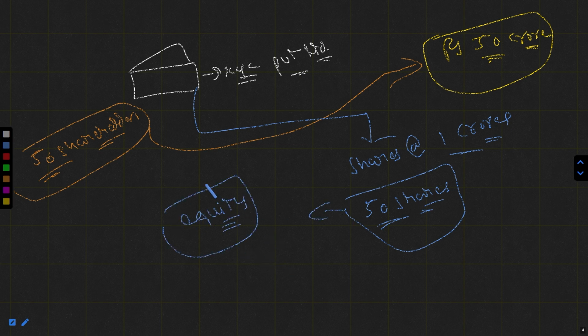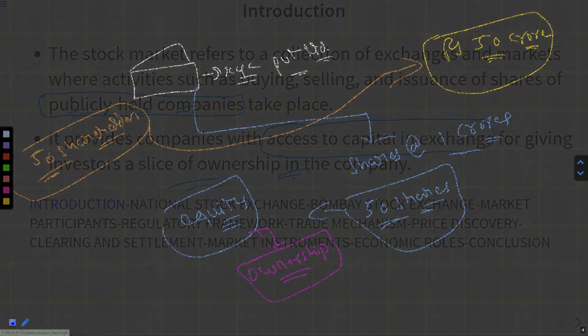And the one who will purchase the equity will be required to pay 1 crore as the price of each share and will be a participant in the ownership. Got it? That's how the system works.